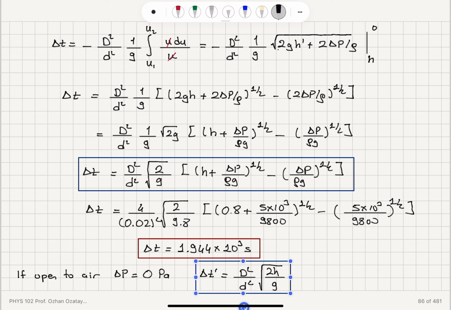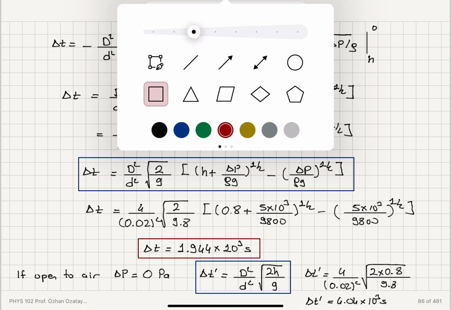And if I substitute the numbers, I obtain delta T prime equals 4 over 0.02 squared. Then I have the square root of 2 times 0.8 divided by 9.8, which gives me a delta T prime of 4.04 times 10 to the 3 seconds.